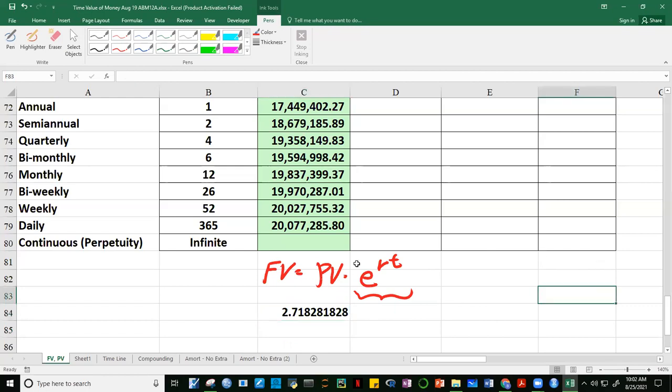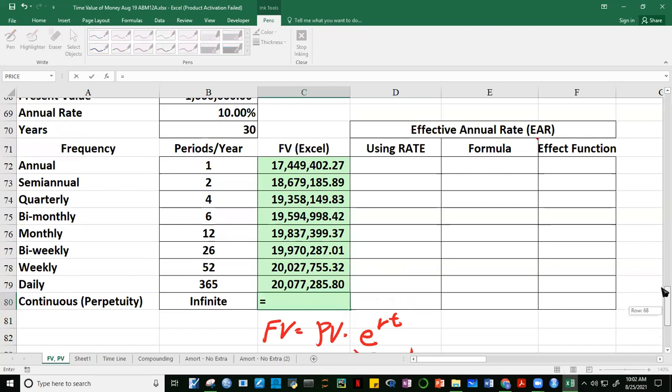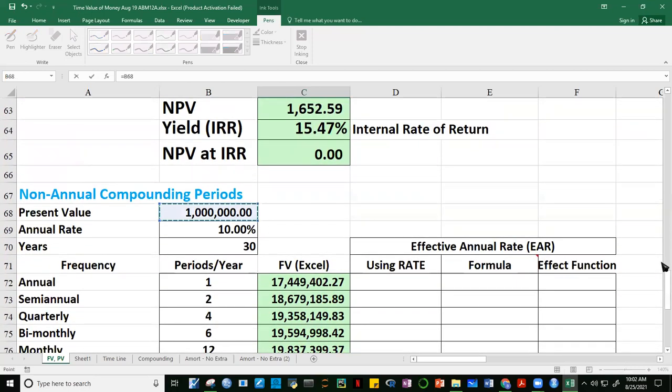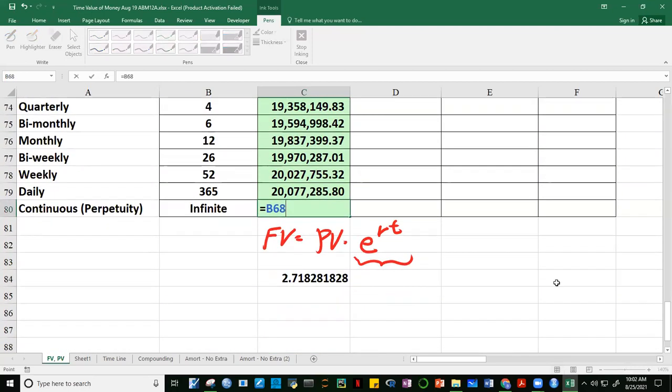Okay, so we can compute for the future value of an infinite, ang tawag dyan, guys, continuous compounding or perpetuity. So our PV is 1 million. Multiply this by, we use the EXP function.